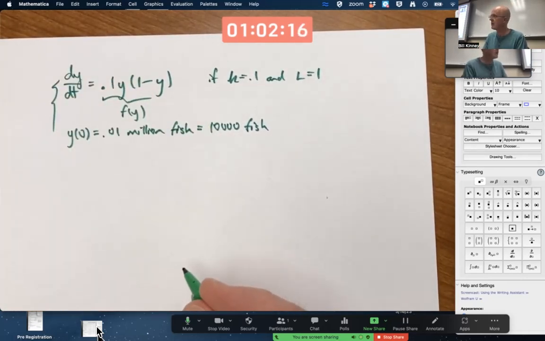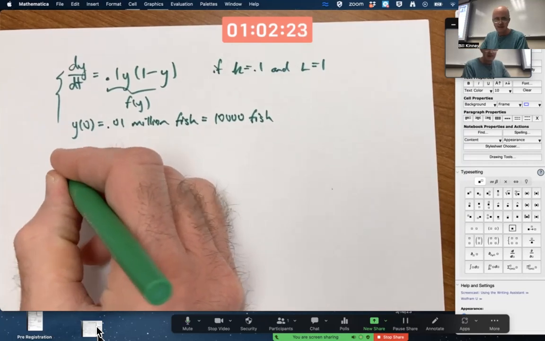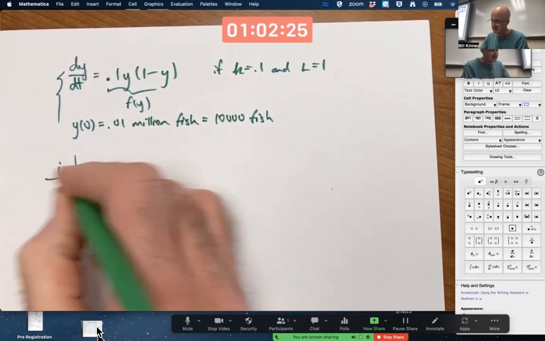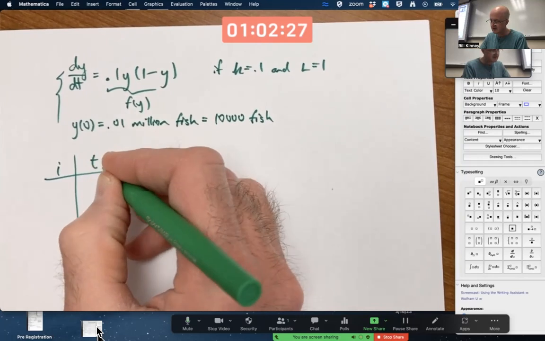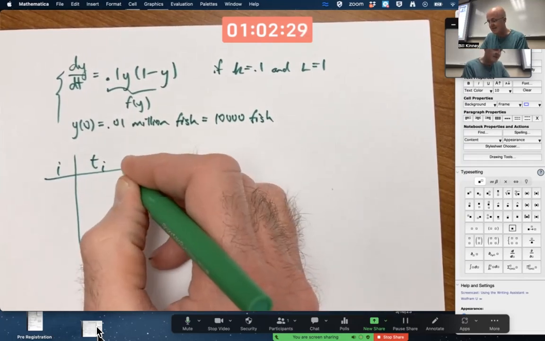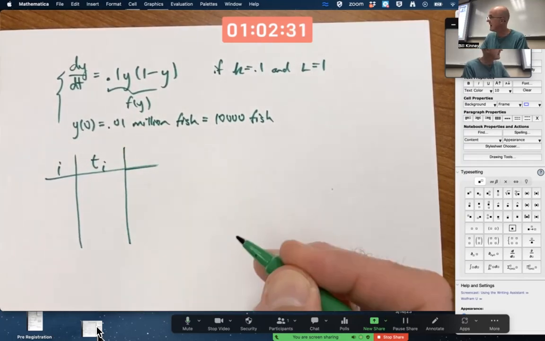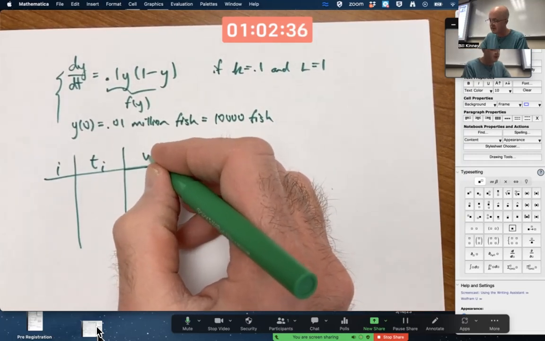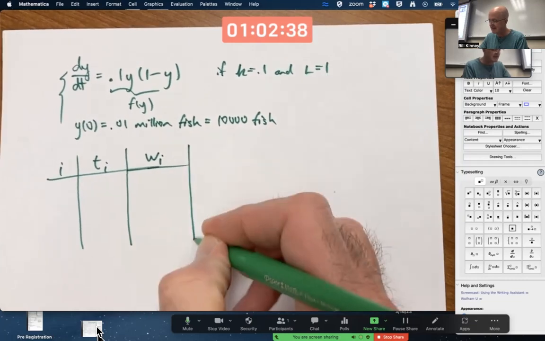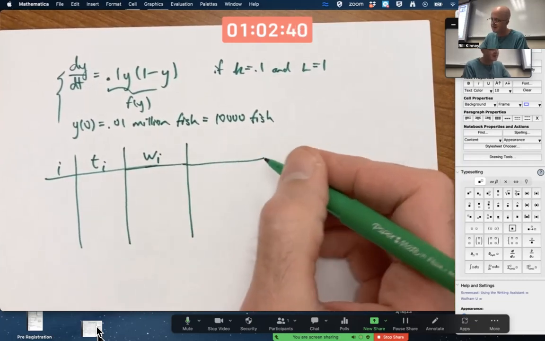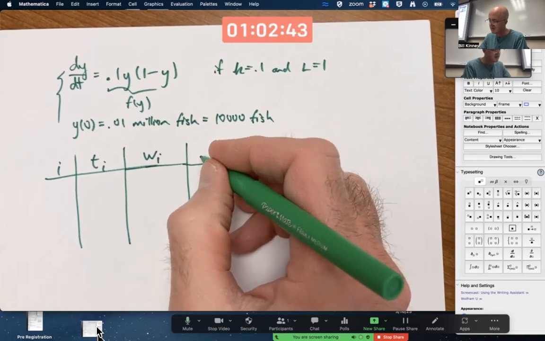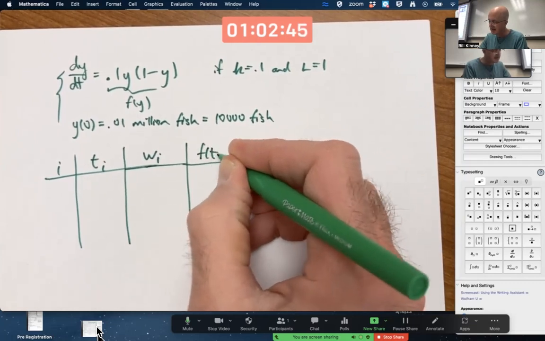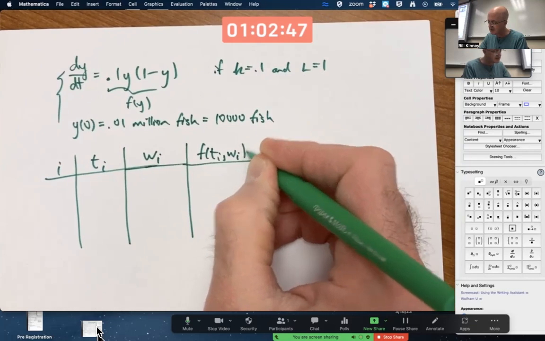So let's try to implement Euler's method by hand. It's nice to organize your work in a table. Give the value of i for the first column, the value of ti for the next column, the values of time, the value of wi, and it's also nice, I think, to put a column for the value of f of ti, wi times h.